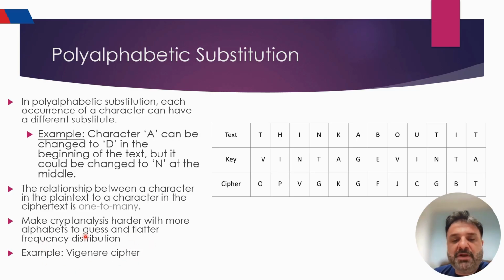An example of this is the Vigenère cipher. As you can see here, for each of the characters we use different keys, and the cipher is totally different. T goes to O at the first, but T goes to T at the end. So it means it's not the same during the message.